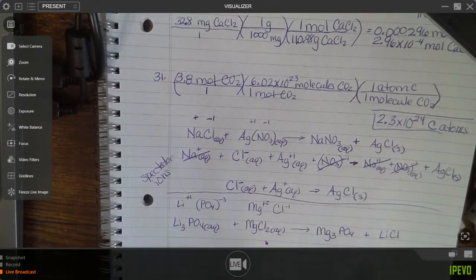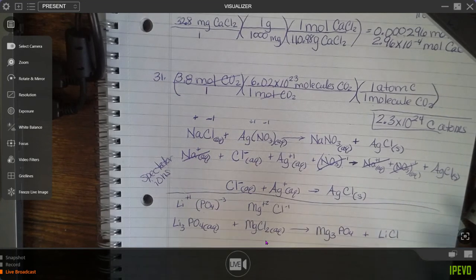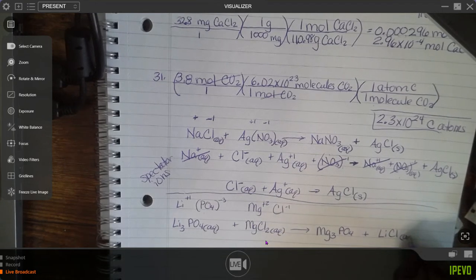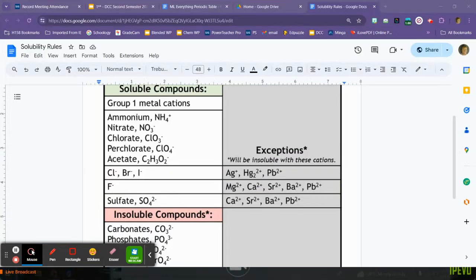Now, this is one that some of you, when we were doing this, you remembered, because you can remember that always, if you have a metal in group 1, that is always going to be soluble. So lithium chloride is soluble. Okay, and then let's pop over here and check on magnesium and phosphate.